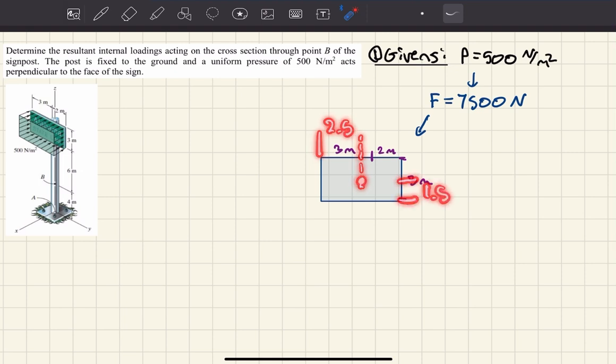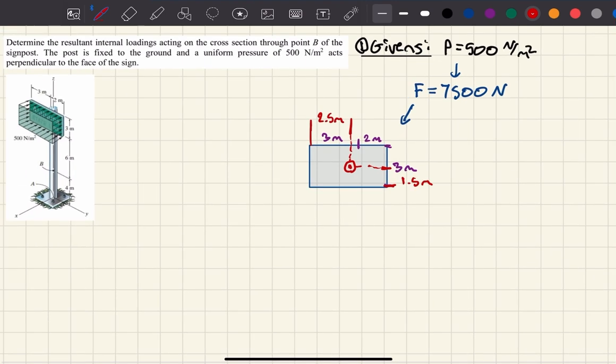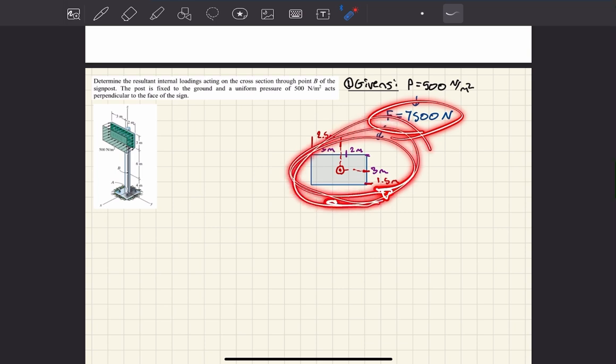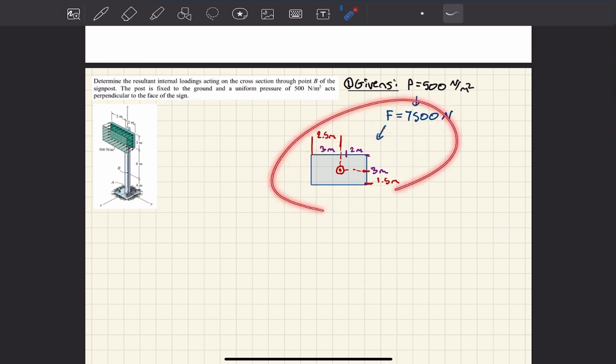So this is where that force is going to act: this right here is 2.5 meters, and this right here is 1.5 meters. Perfect stuff. So we have the force, we know where it acts, we're done for givens. We've done more than enough, actually. Some people will delay this until the free body diagram, but it's good to establish now. Everything is clear, and everything, as we said, is in givens.